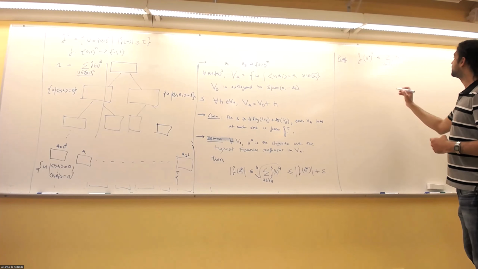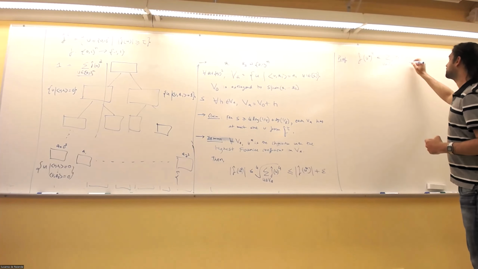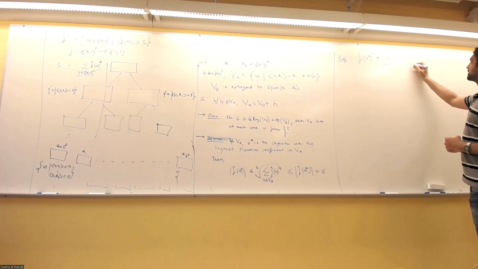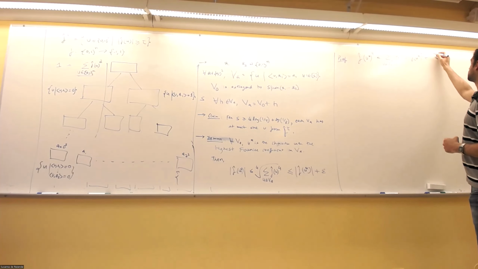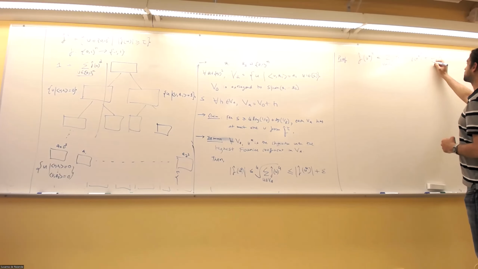On the other hand, this sum can be split into f hat of u star to the 4 plus the sum of f hat of u to the 4, where u belongs to VA, u not equal to u star.